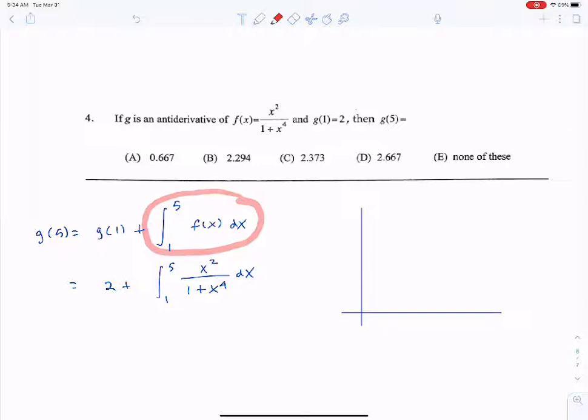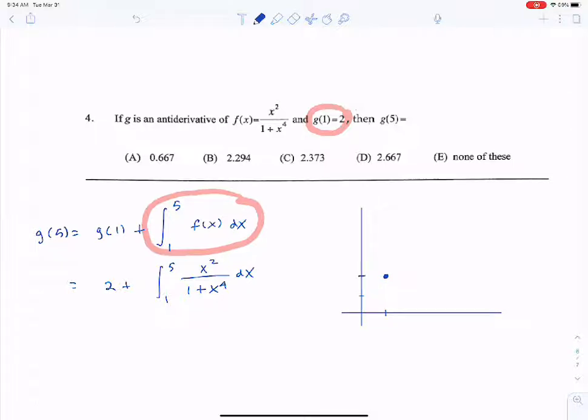In the beginning, they tell us g of 1 equals 2. So I happen to know that at g of 1, the height of this particle, or whatever it is, is 2.